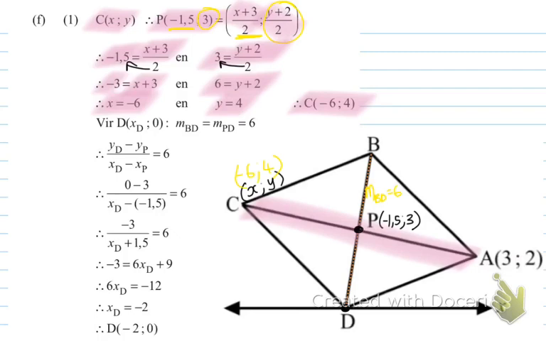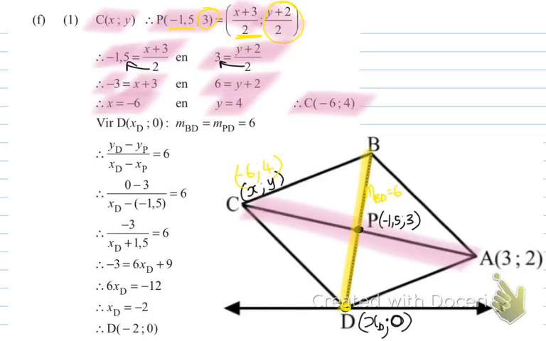Now to get the coordinates of D, they tell me that it's on the x-axis. So one thing that I know is that the y value will be 0, because on the x-axis the y value is always 0. The x value of D I do not know, so let's just call it xD. They gave me some information about this diagonal BD.